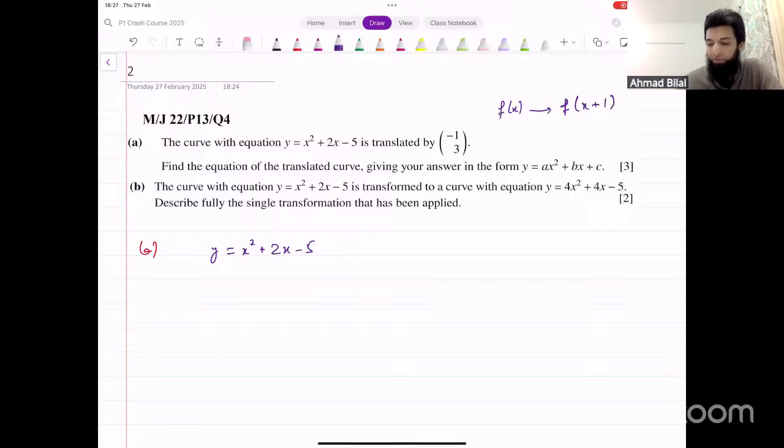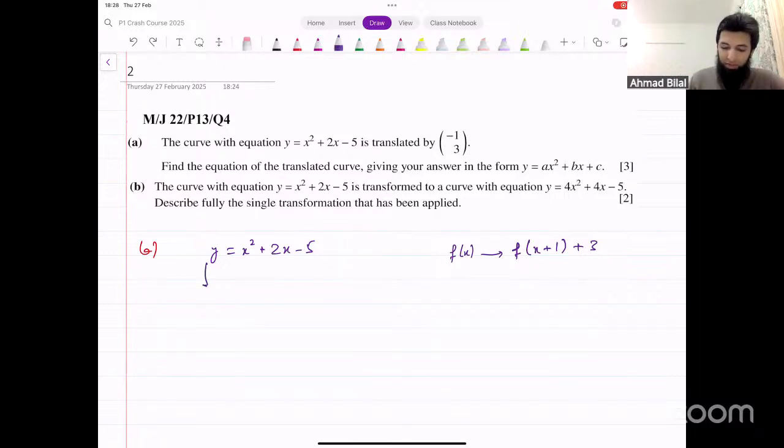Inside the function, we should add 1. 3 vertically, that means we need to have 3 added outside the whole function. So with x, we should be adding 1, and to the whole function, we should be adding 3.